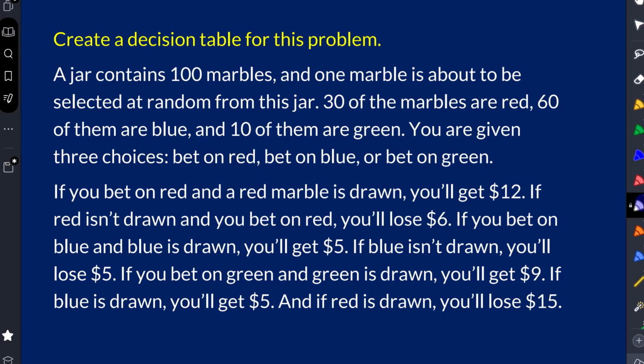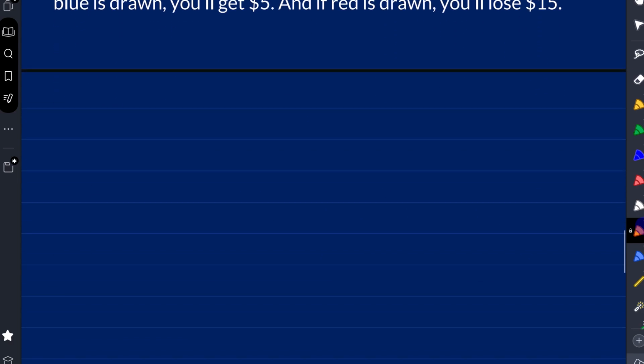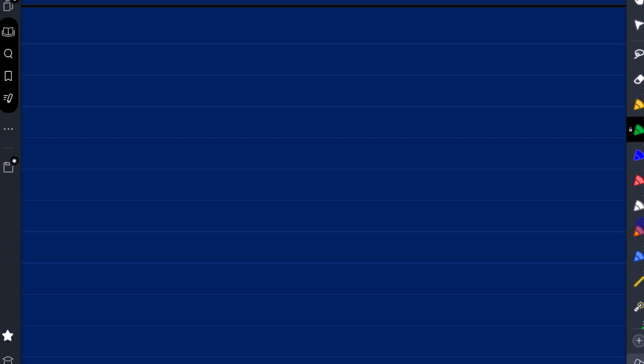Okay, and one more. A jar contains 100 marbles, and one marble is about to be selected at random from this jar. 30 of the marbles are red, 60 of them are blue, and 10 are green. You are given three choices: bet on red, bet on blue, or bet on green. Okay, so those are the options.